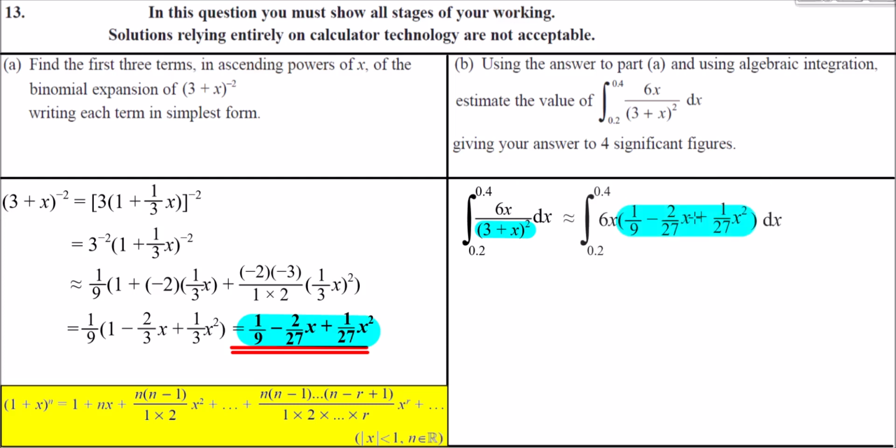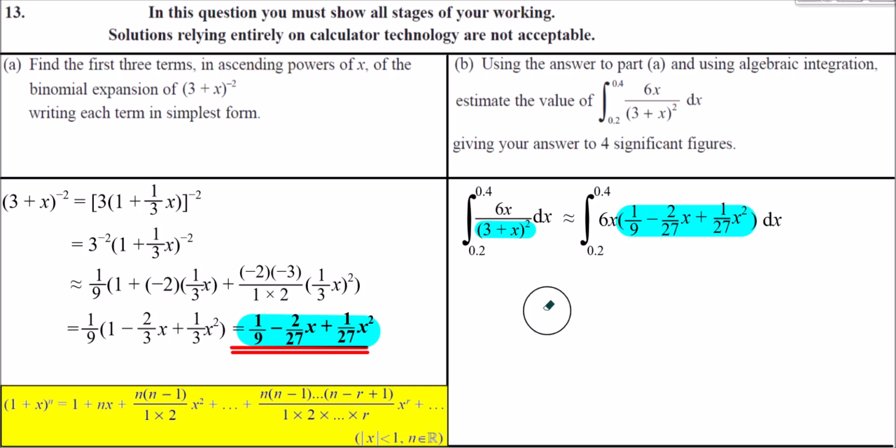So I can write it like this. And as I say, this is the case because 6x all over 3 plus x squared is the same as 6x multiplied by 3 plus x to the minus 2. Hence, we can write it as a product in case you're confused, thinking, well, that was a fraction, why is it like this? So essentially, that's just to illustrate why we get that.